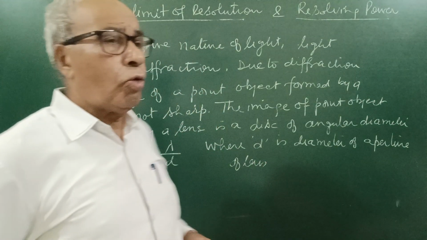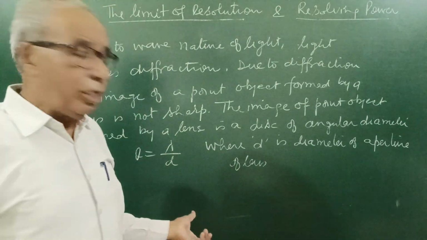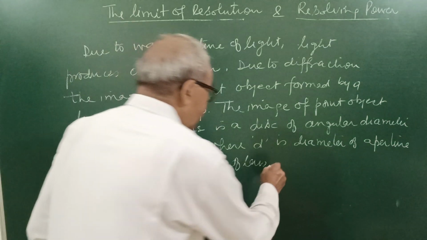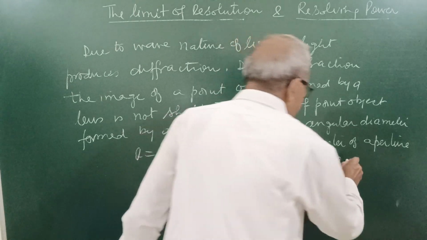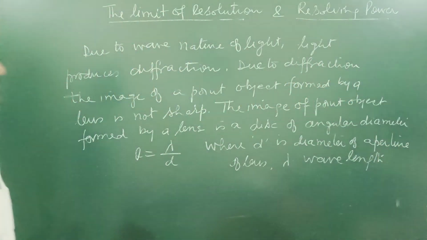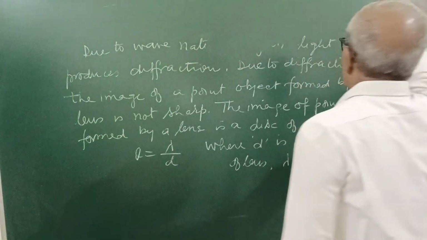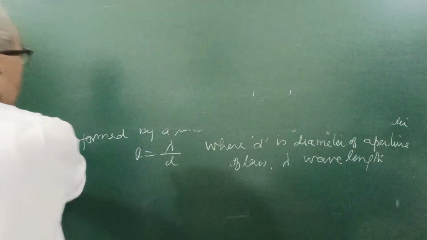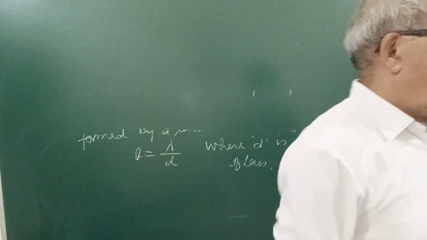In a microscope, we use lenses of very small aperture. So theta becomes very large, and lambda is the wavelength of light. So, if two point objects are very close, actually I am explaining this to you on an average.